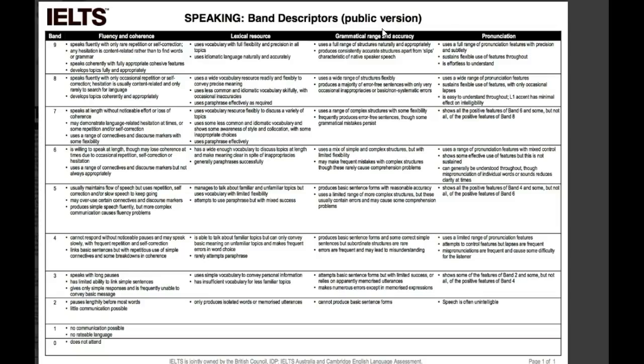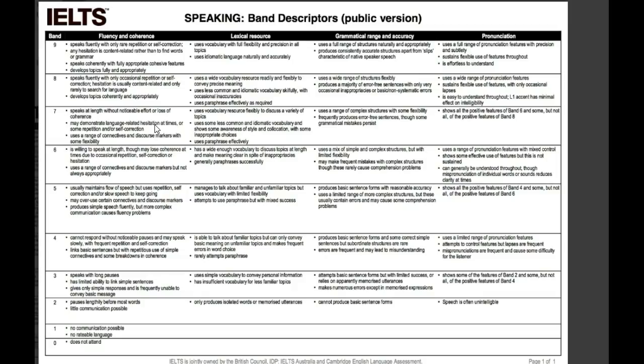From what I understand, this is a more holistic feeling that the examiner gets listening to you, and then it breaks down into more detailed information regarding your vocabulary, your grammar, and your pronunciation. What ends up happening is that something in your speaking could potentially affect 2 or possibly even more areas, but we'll get into that.